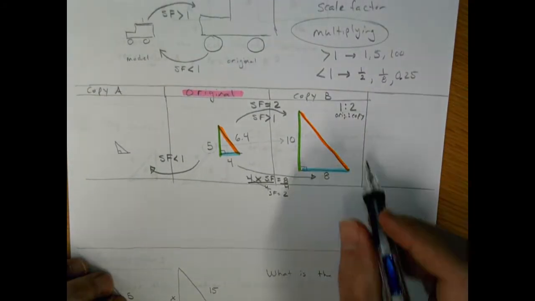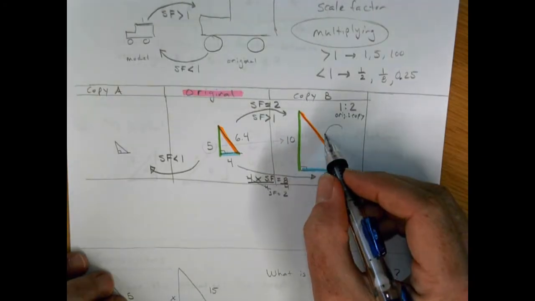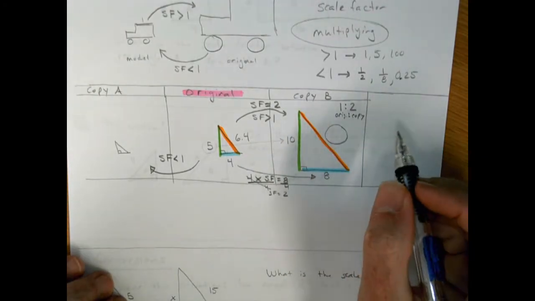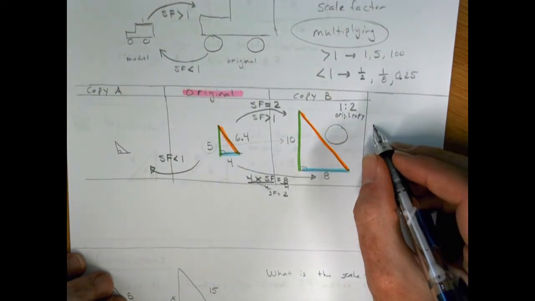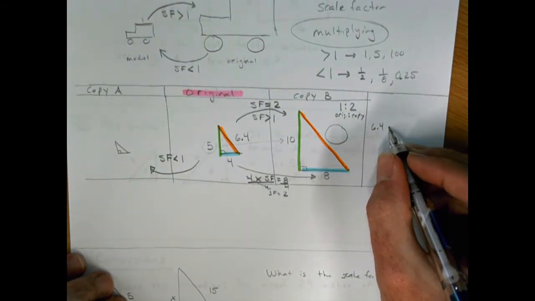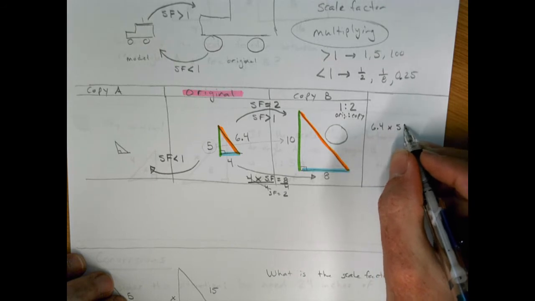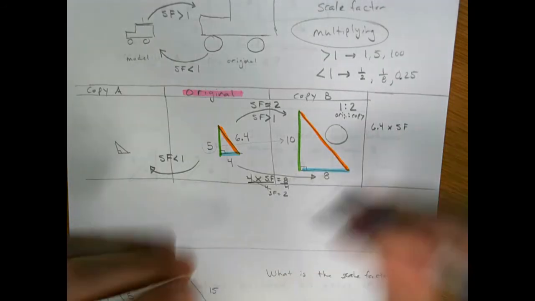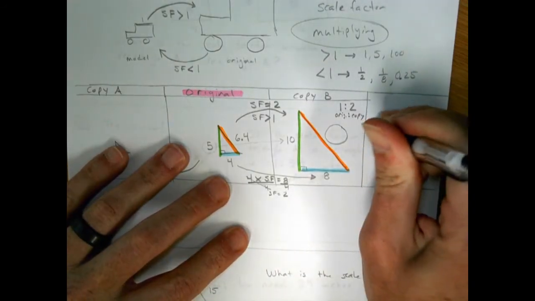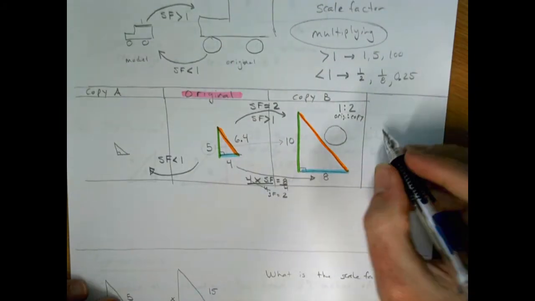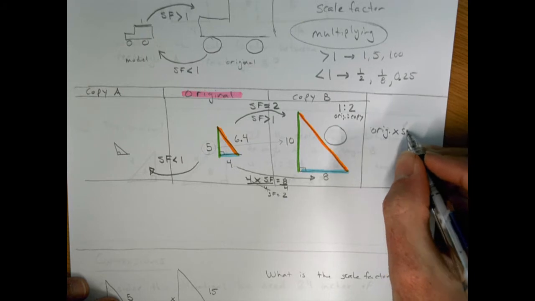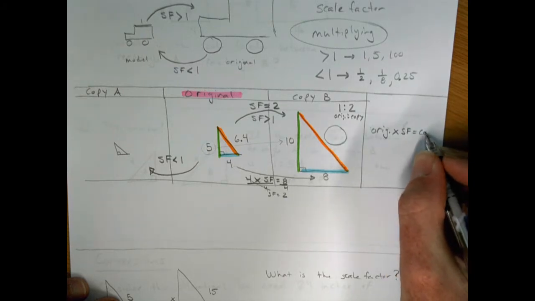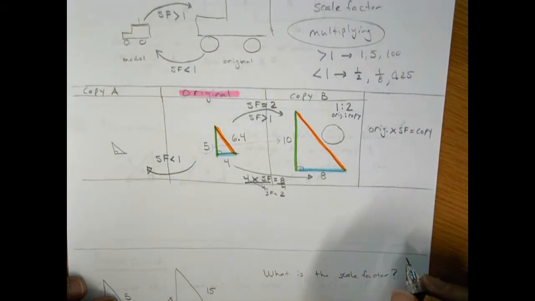Knowing this here, can we figure out what value belongs right here on the orange side? Sure. What I want to do is take the value of the original, 6.4, and multiply it by the scale factor. Let me erase this real quick. I'm going to make my original times the scale factor, which is going to let me know how large the copy is.